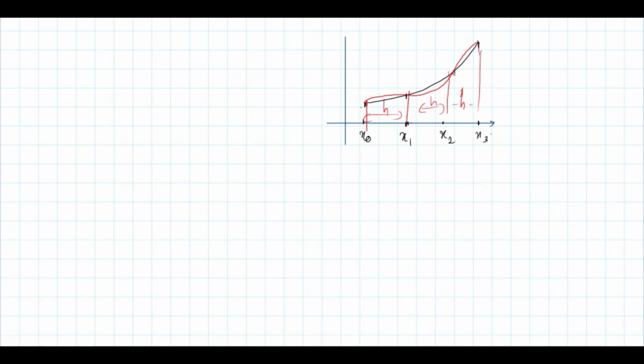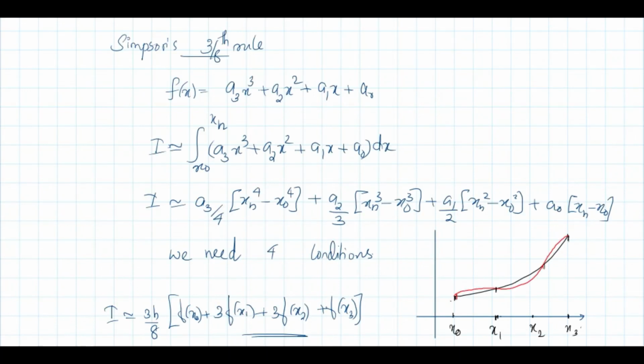In order to fit the next cubic polynomial, again you need 3 segments. So whenever you apply the multiple segment Simpson's 3 by 8 rule, the number of segments should be a multiple of 3. Okay, that's the condition. For Simpson's 1/3 rule, the number of segments should be a multiple of 2. And in the trapezoidal rule, there is no such restriction. Any number of segments is possible.